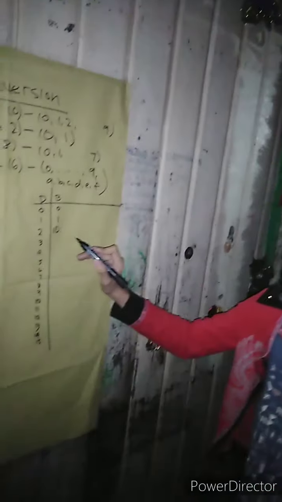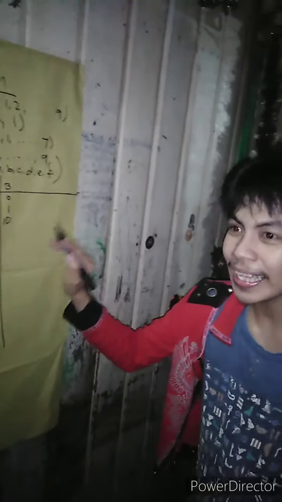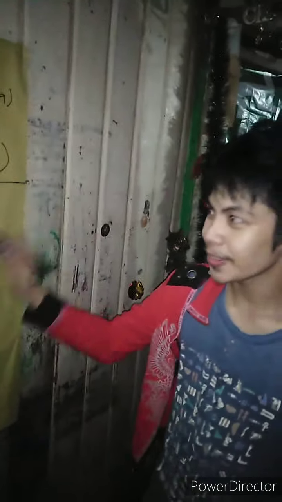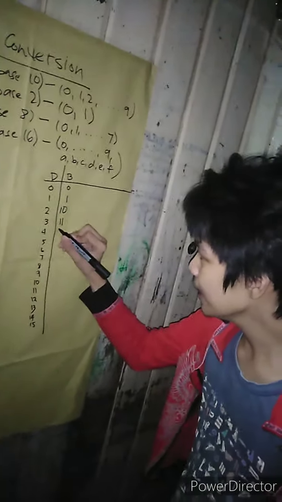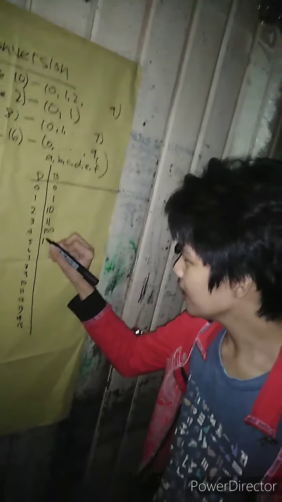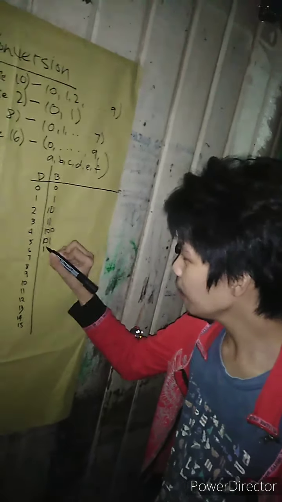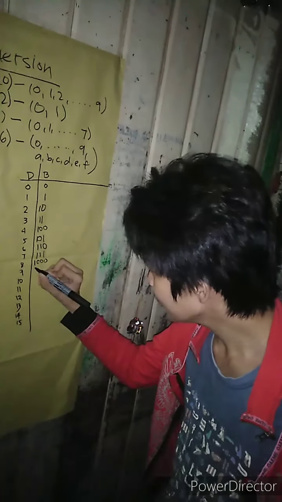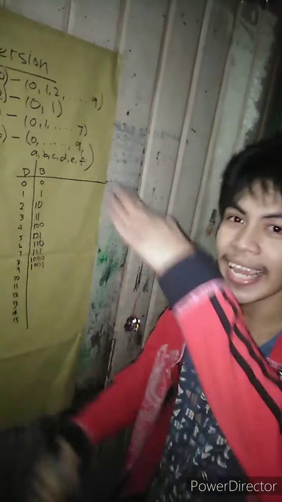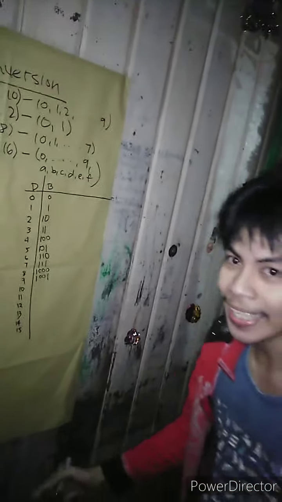This is not being read as 10 but instead 1, 0 kasi nga 2 digits lang yung nasa binary. So 1, 0 to 1, 0, 1, 1, 1, 0, 0, 1, 0, 1, 1, 1, 0. O diba 1, 1, sana all marunong mag 1, 1. 1, 1, 1, 1, 0, 0, 0, 1, 0, 0, 1, and it follows hanggang eto.